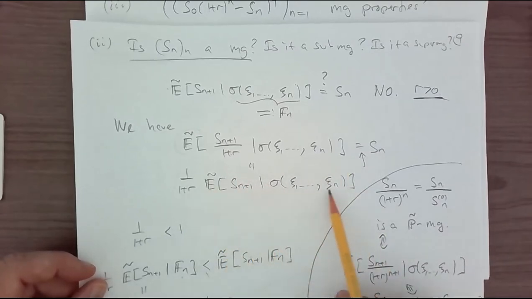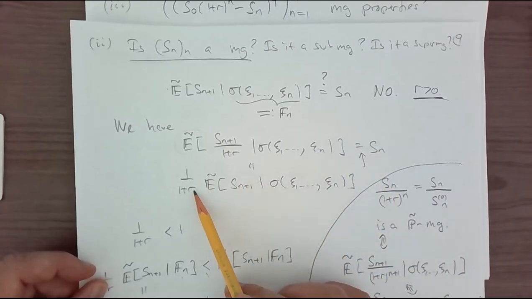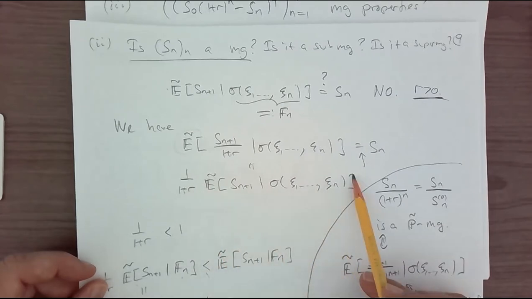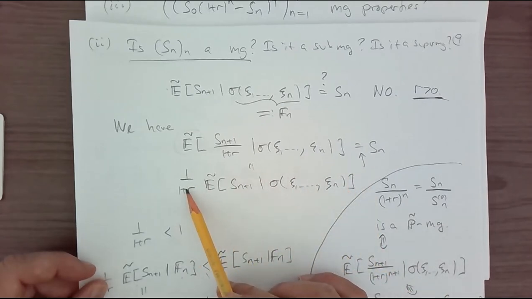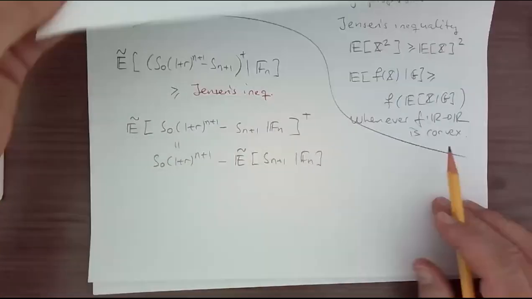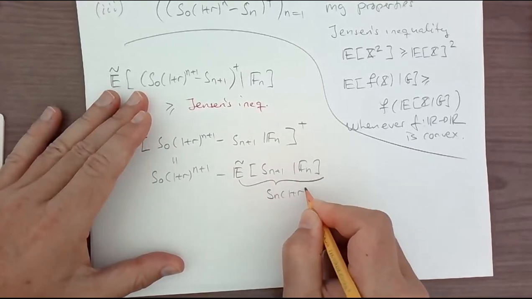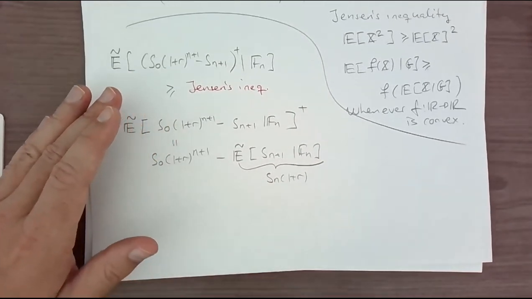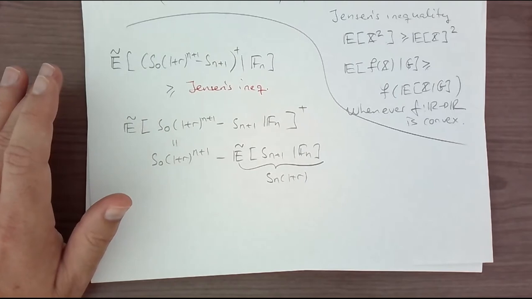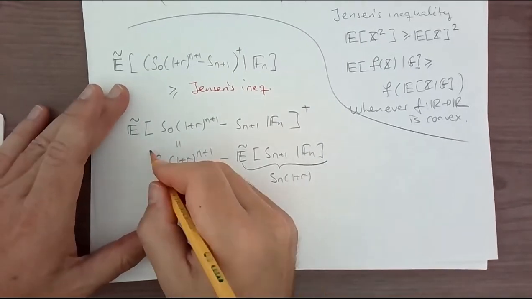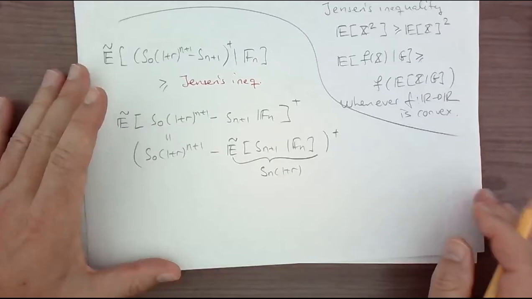This conditional expectation is equal to Sn times (1 plus R), so I need to move 1 plus R to the other side. And of course, there's a plus outside. That plus here carries on.